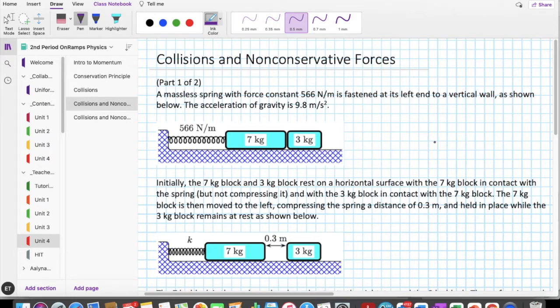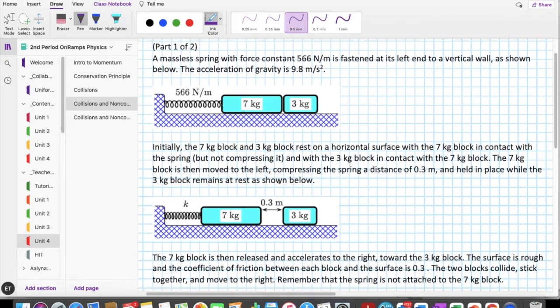The 7 kilogram block is then moved to the left, compressing the spring a distance of 0.3 meters and held in place while the 3 kilogram block remains at rest, as shown below. So now we have a compression of the spring towards the left, just for this mass. Just like here, we have this displacement, 0.3, and this one remains at rest.